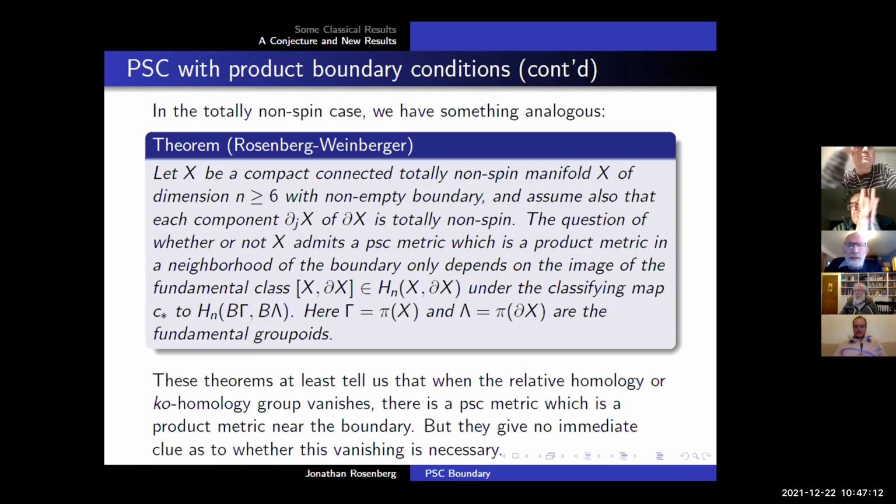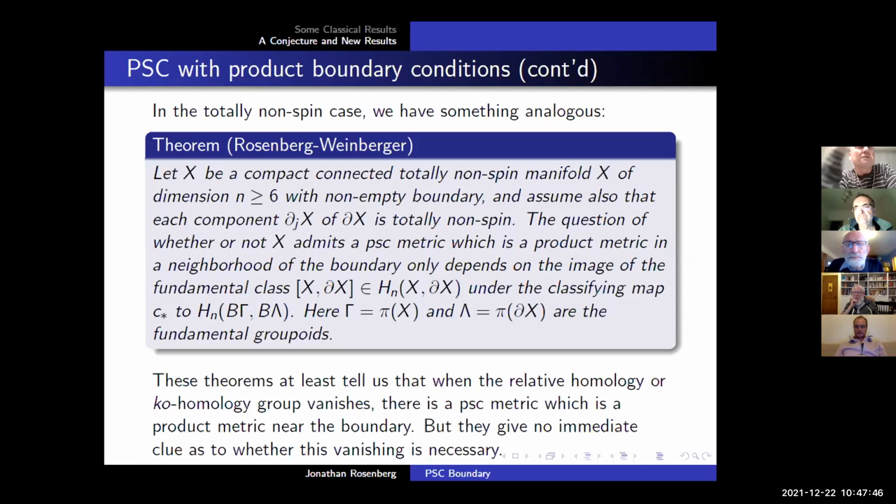But if you have positive scalar curvature with product type boundary conditions, then of course that means the boundary has to have positive scalar curvature, and that may not be the case. So that's why in some cases you can show that you can get positive mean curvature, but you can't necessarily get product type boundary conditions. Okay.